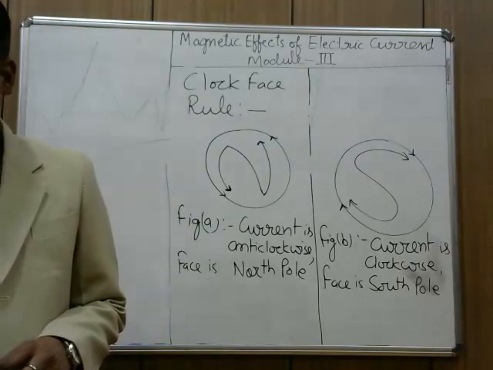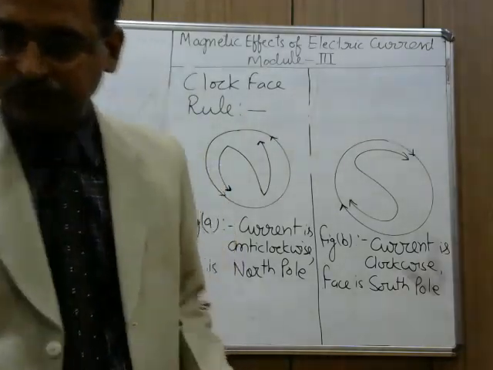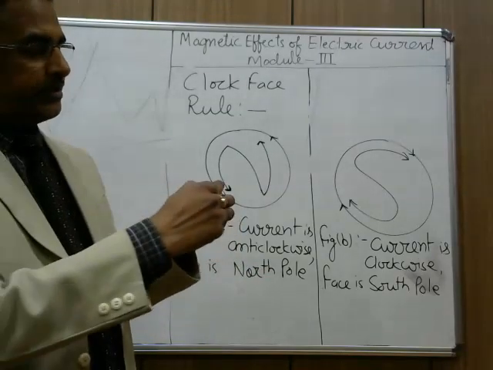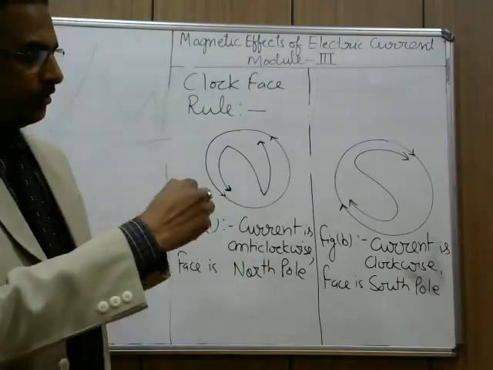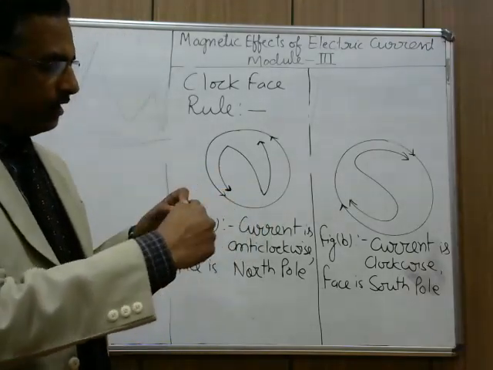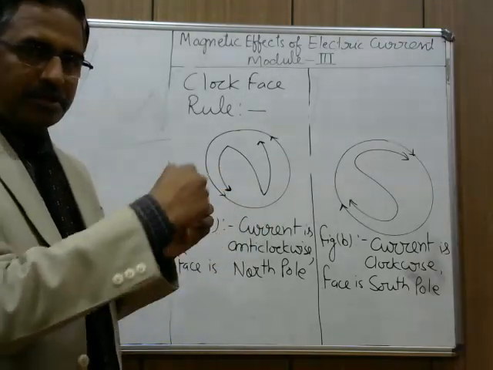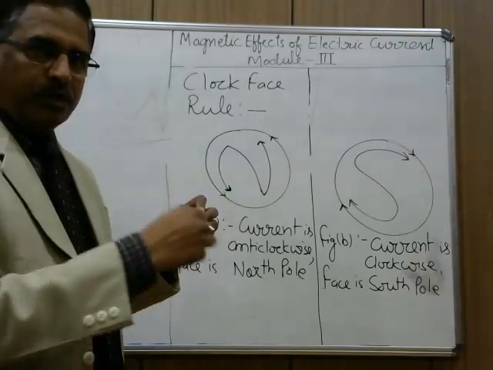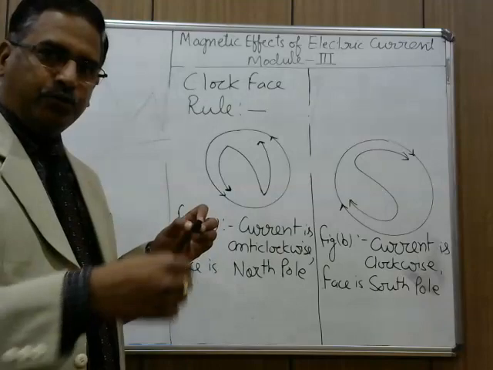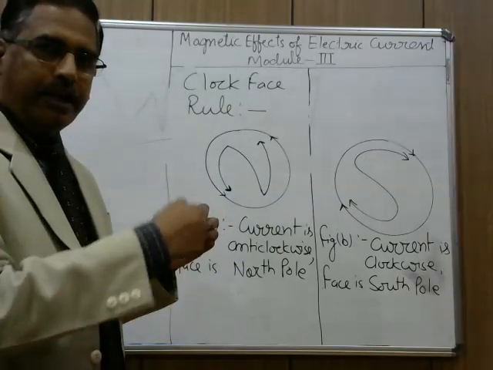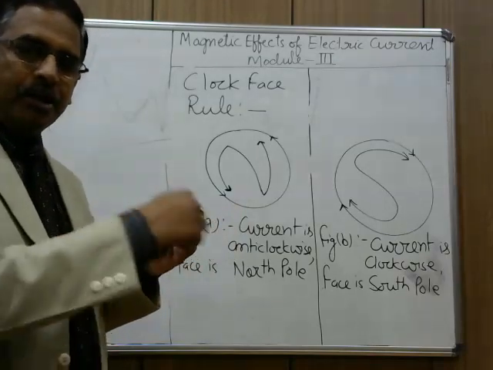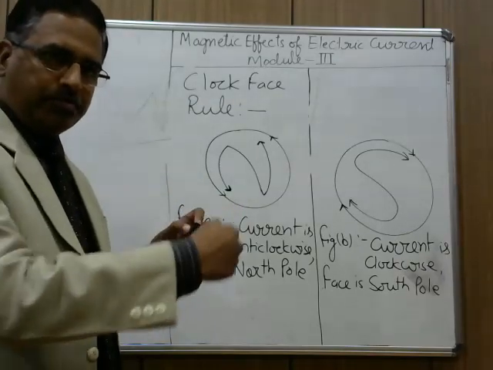Suppose you consider this. This is circular. Suppose this is a circular coil and current is flowing in this direction. This is clockwise. Then this face which you are facing, in this face it is clockwise. So this face which you are observing will be behaving like a pole.